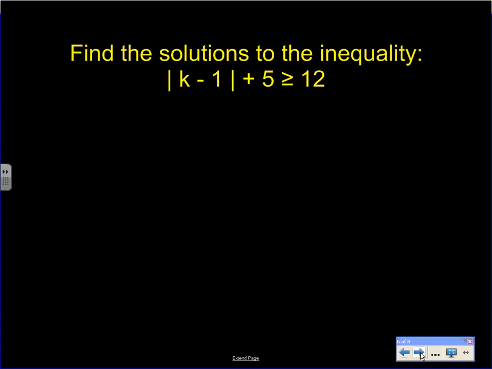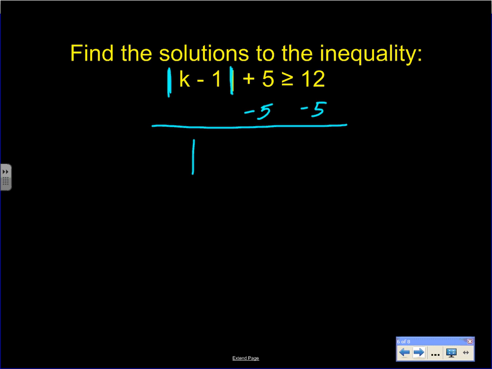This one here is just like when we solved absolute value equations, where we have to get the absolute value on the left side of the inequality all by itself. And we do that by subtracting 5 from both sides.